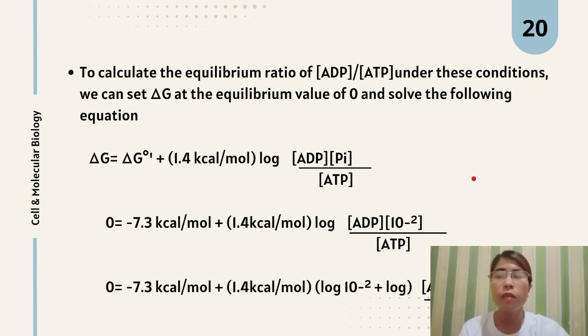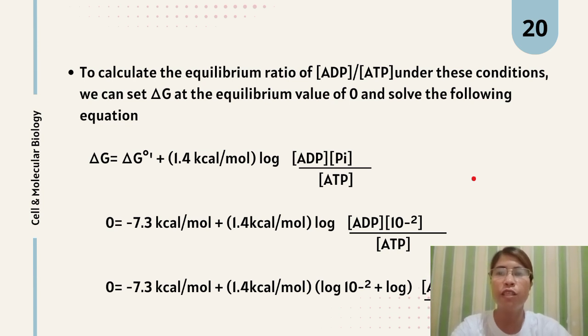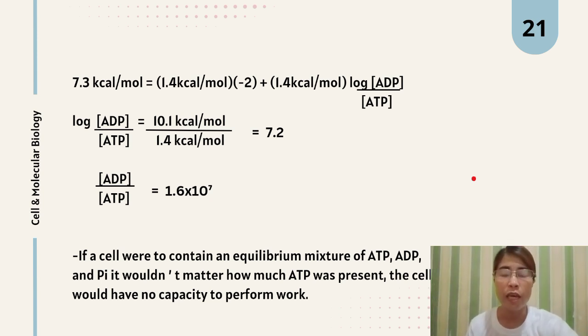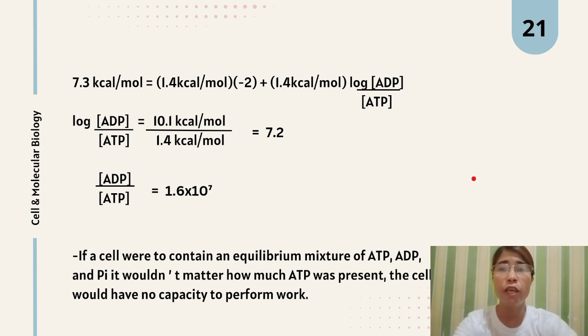So, change in free energy, ito po yung ating formula, change in free energy is equal to standard free energy change plus (1.4 kcal per mole) log ADP Pi over ATP. So, makikita nyo po dyan yung calculations.